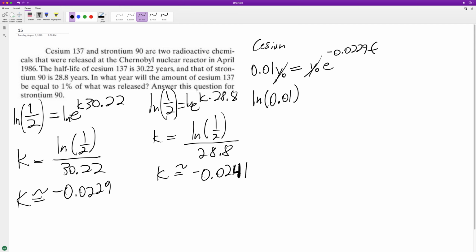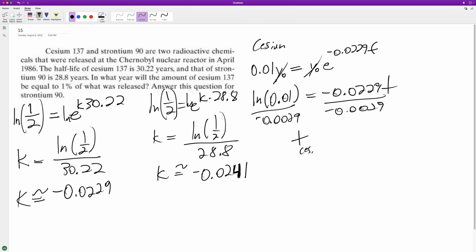The natural log of e is just 1. Divide through by negative 0.0229, and we end up with t for cesium. The time for that to occur is approximately 201 years, rounding up.